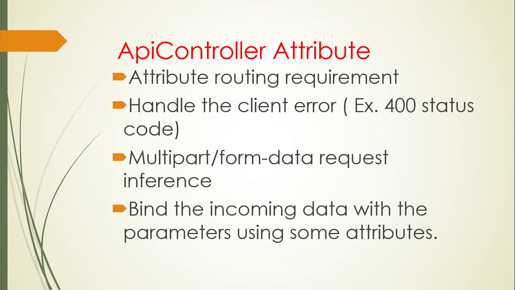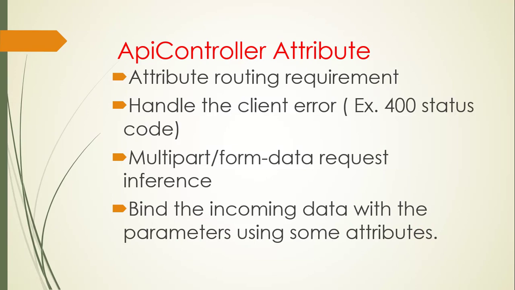If there is an error in client data, for example a 400 status code, then ApiController will handle it automatically. ApiController will also support multipart or form data request inference. It binds the incoming data with the parameters using some attributes.